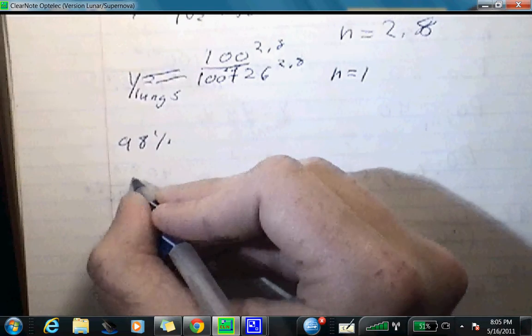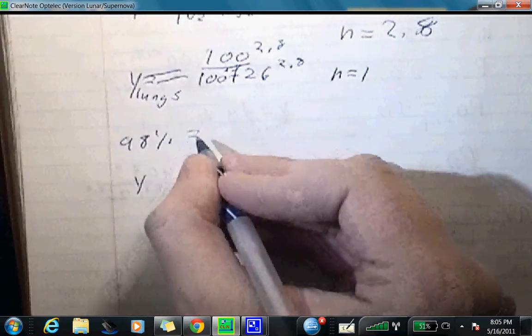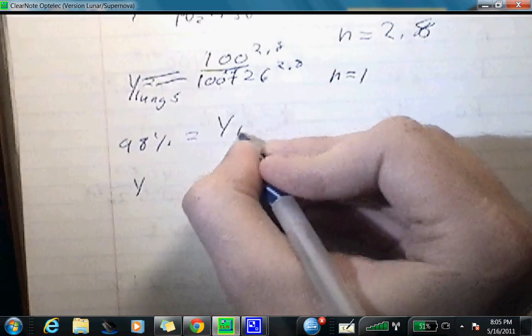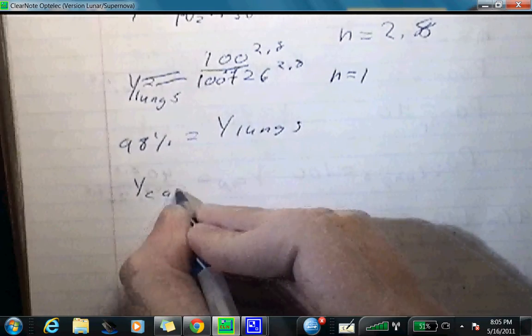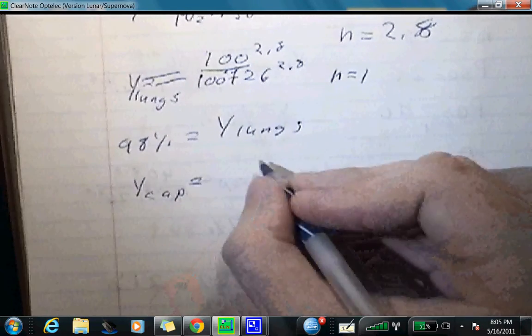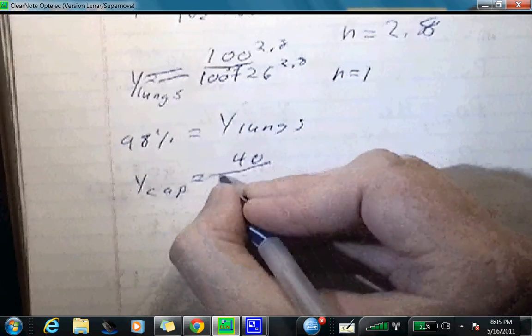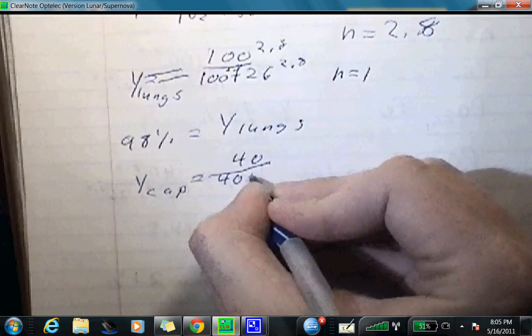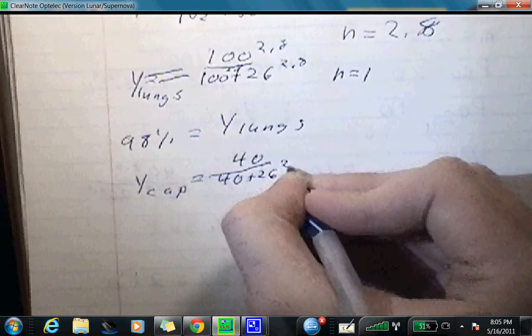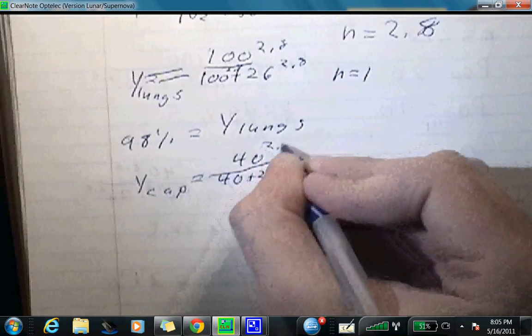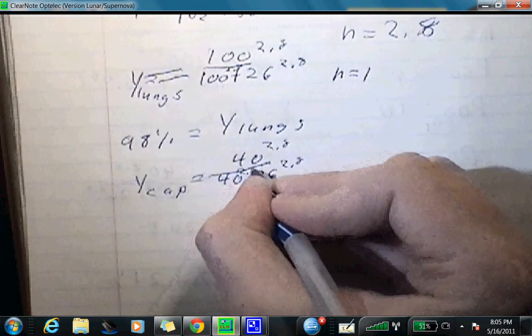Now we're going to do the same thing for the Y in the capillaries, which is going to equal 40 over 40 plus 26, and this is all to the 2.8.